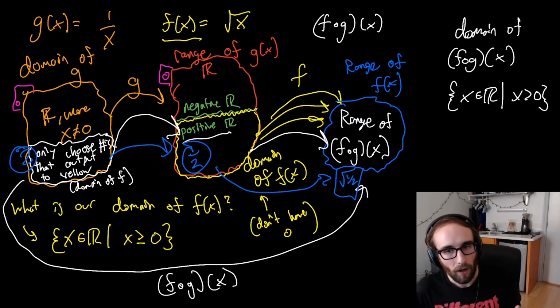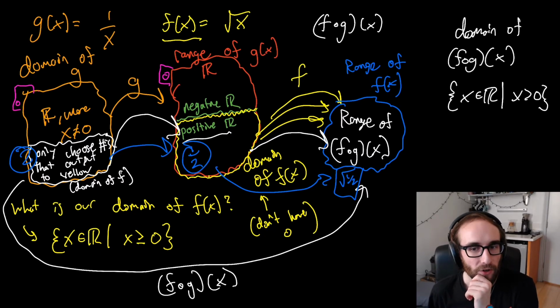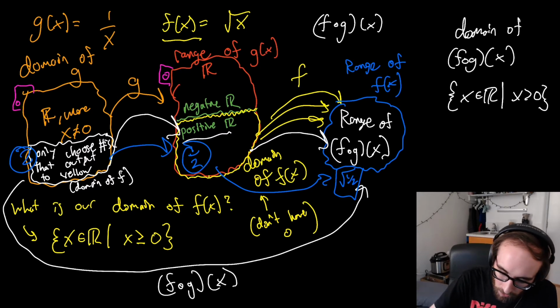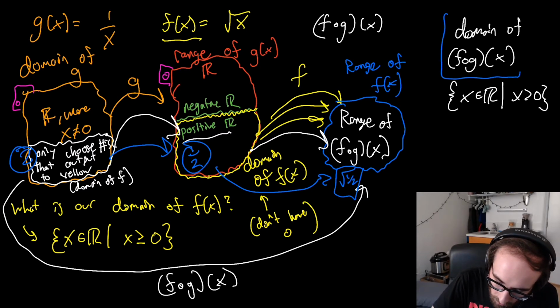For now, we could find the range by considering the graphs, for example, or just thinking about the outputs. Our range in this case is going to be non-negative numbers, so any number above 0 is going to be included in our range. We'll usually just be talking about or finding the domain of f of g of x, though.